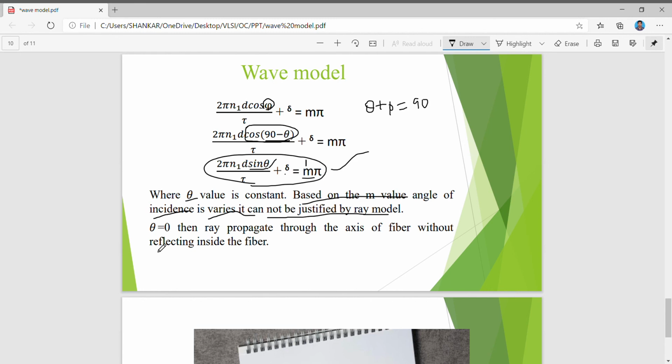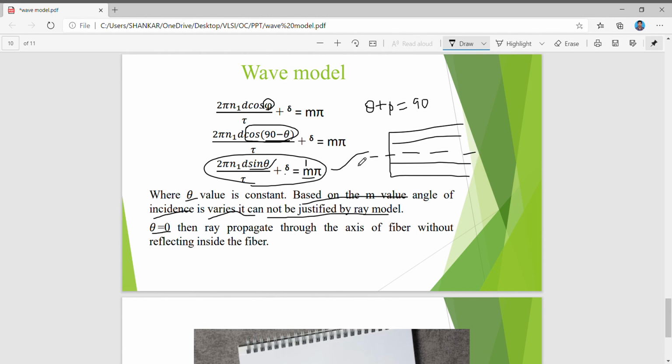And another one is when theta is equal to 0 in the fiber optic cable. Let us assume this is the optical fiber, and this is the center or axis of the fiber.